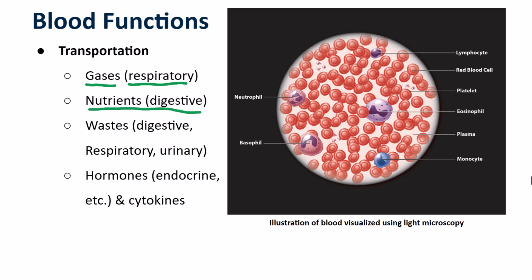We also can move waste product from metabolically active tissues out of the body via either the digestive system, the respiratory system, or the urinary system. And finally, we can also move hormones, so endocrine, paracrine, even autocrine hormones throughout the body, as well as cytokines and other chemical messenger molecules.